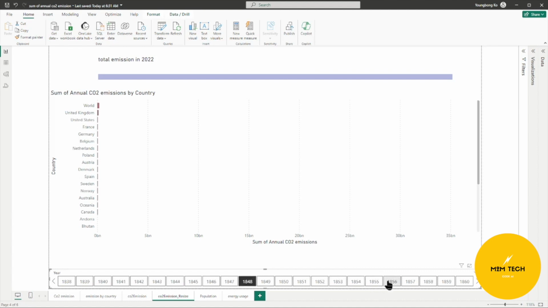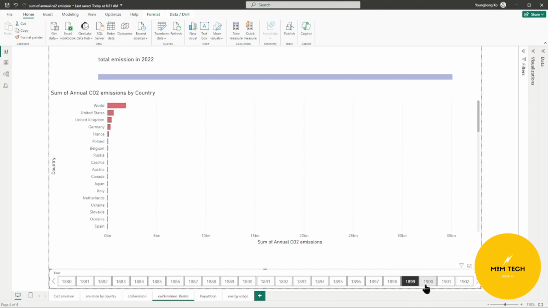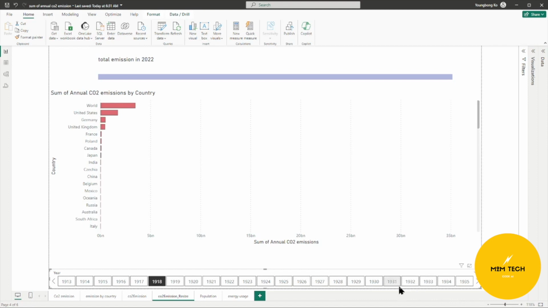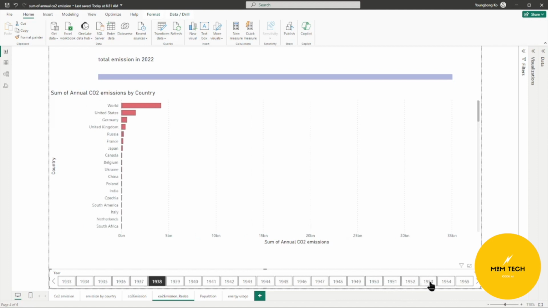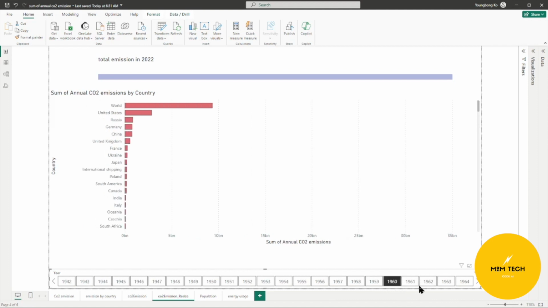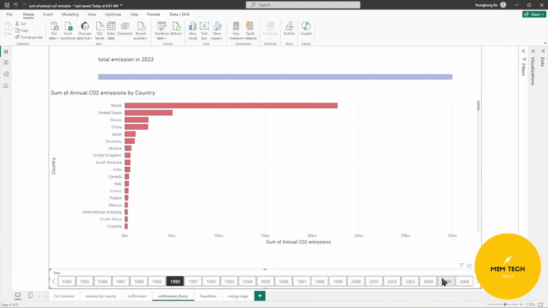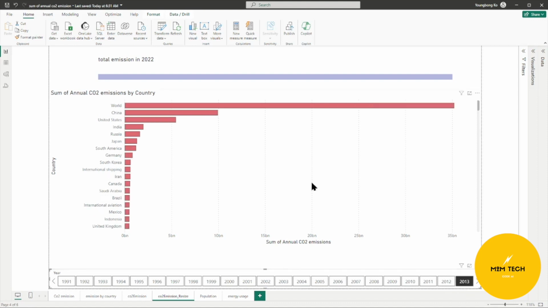until, let's see. So there are points where it is growing, and I guess it is after the World War, it is keeping going, and now the increase is significant and growing up and up and coming to today.